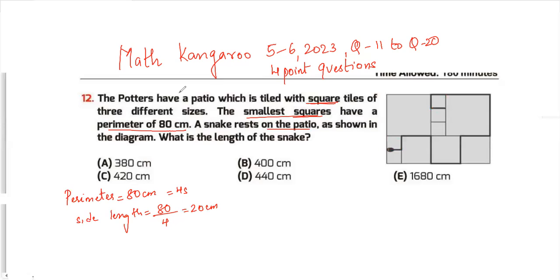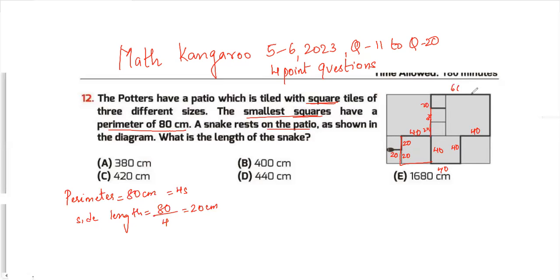Now look here, what do we do? Let's start from here. So this is 20 and this is 20. Now since this is a square, this is 20, so this also becomes 20. So this side length becomes 40, 40, 40, 40. Correct? Now if you see this side, each side is 20, 20, 20.